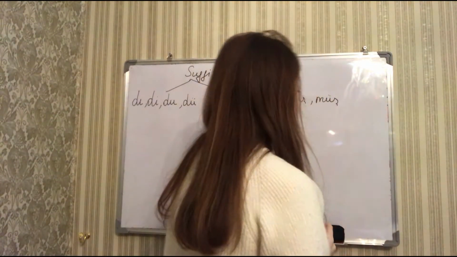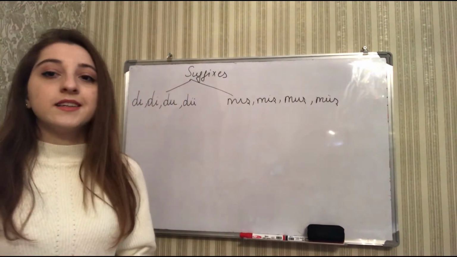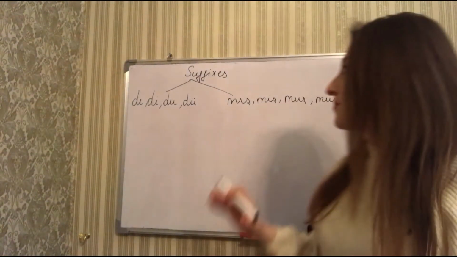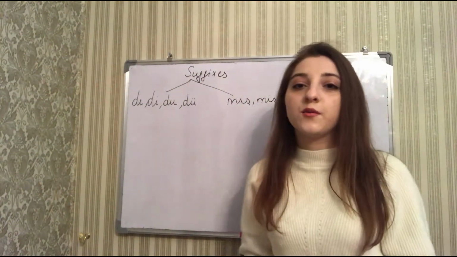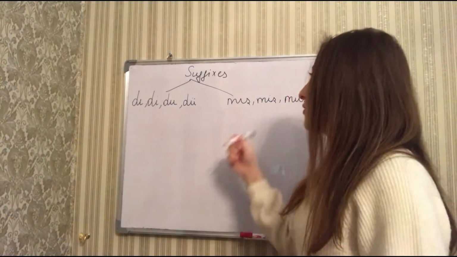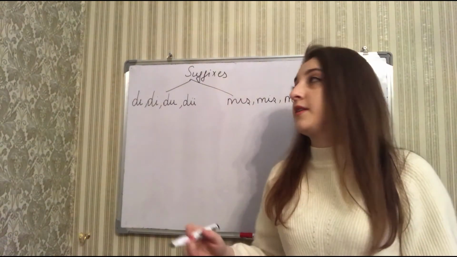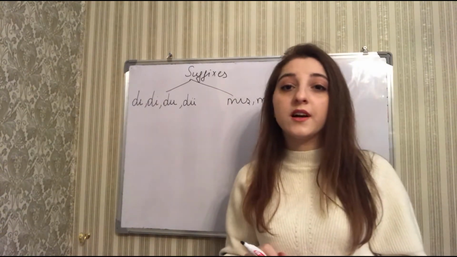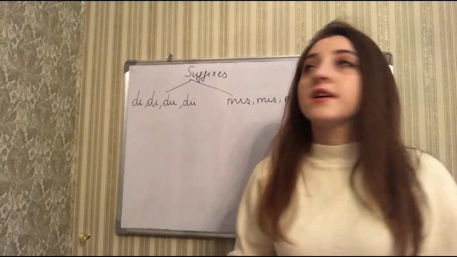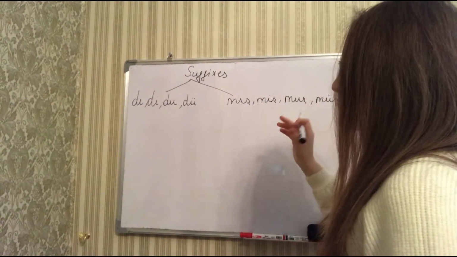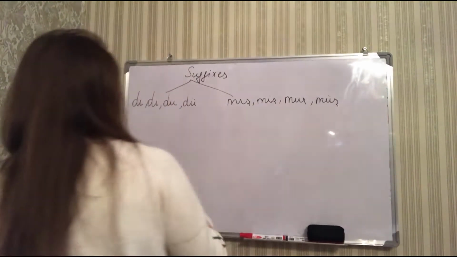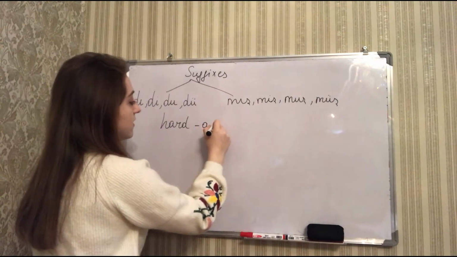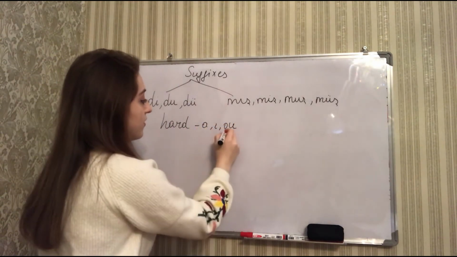Okay, now let's look at the vowel harmony in these words. As we know that we always create our sentences with vowel harmony. Of course, suffixes we add, we must correct our vowel harmony in our words. If our word ends with hard vowel, we add... Hard vowels, we know that they are a, o, and u.